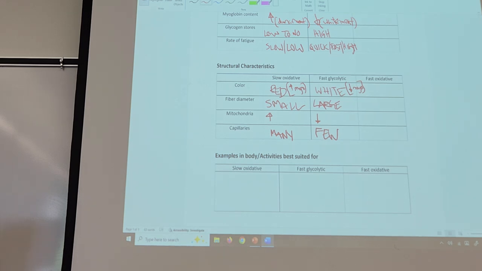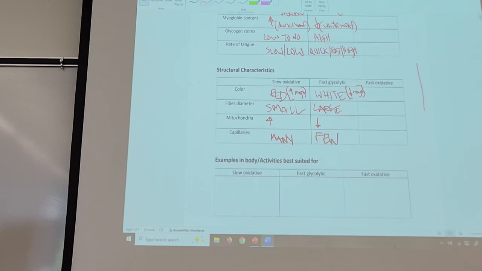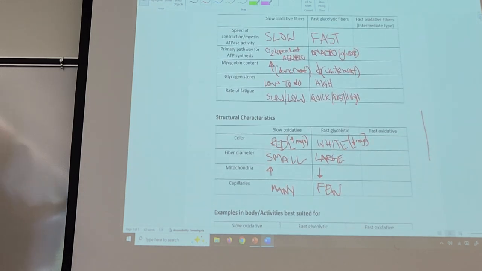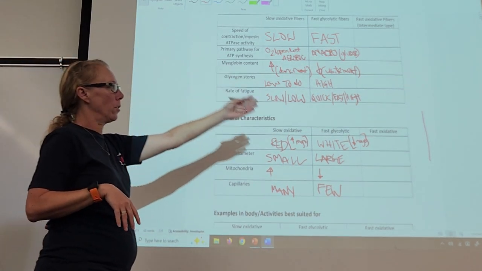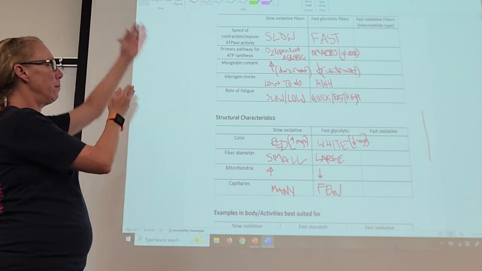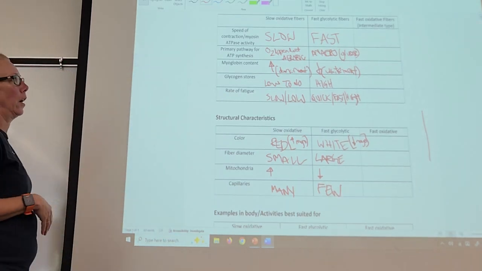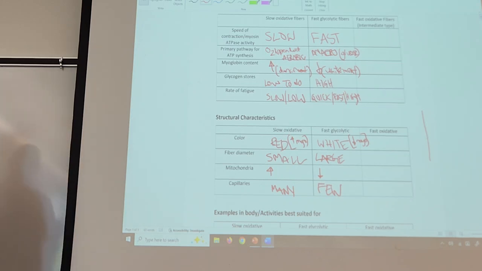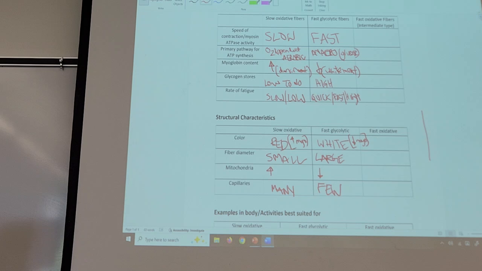Okay. So now if we go back to the third column, we have another fiber that's in the middle. Fast oxidative fibers are in the middle of slow and fast. So speed of contraction is medium. Primary pathway for ATP synthesis, if they're fast oxidative, are they going to be aerobic or anaerobic?